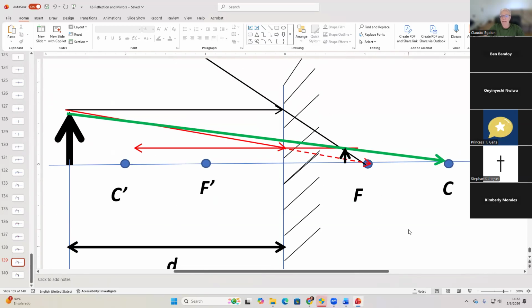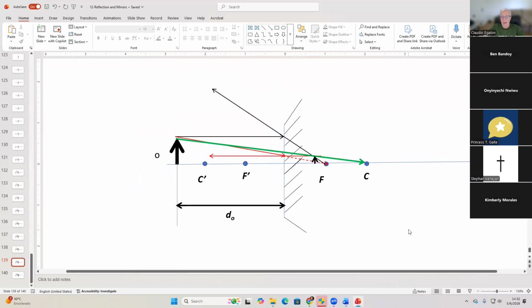It's small, but it's in there. And that's the distance of the image. And that's all you have to know about the negative mirror. As you can see, it is very similar. The convex mirror is much simpler than the concave mirror.